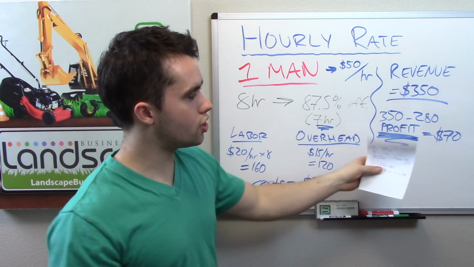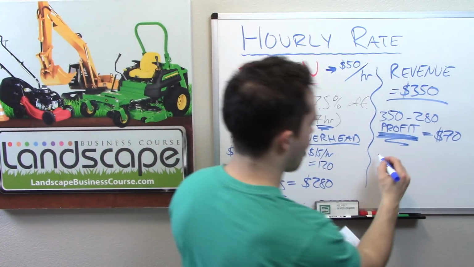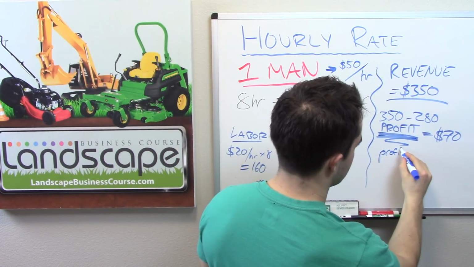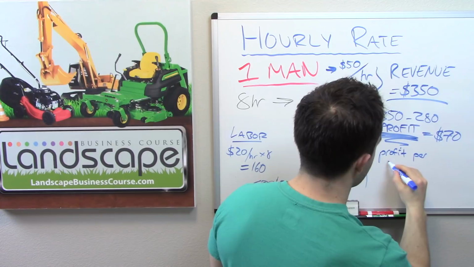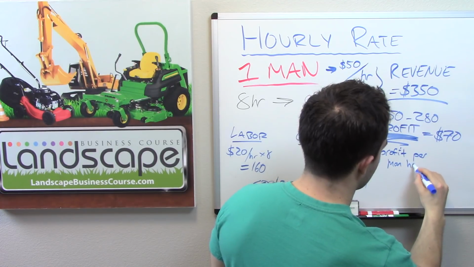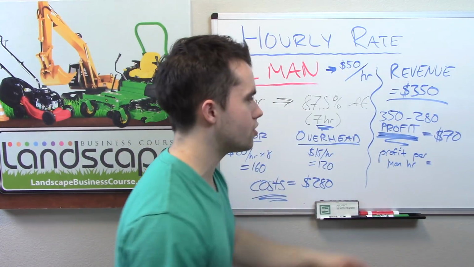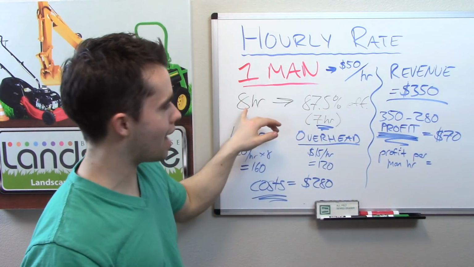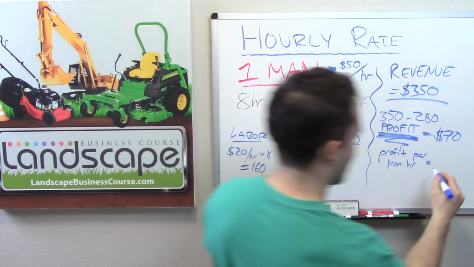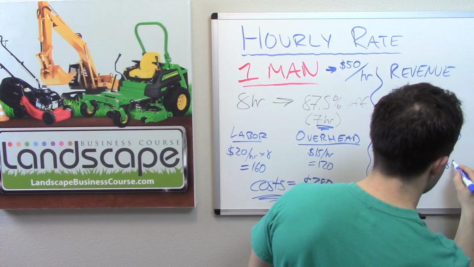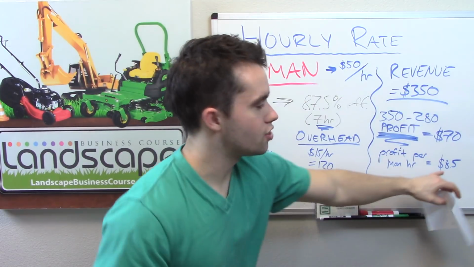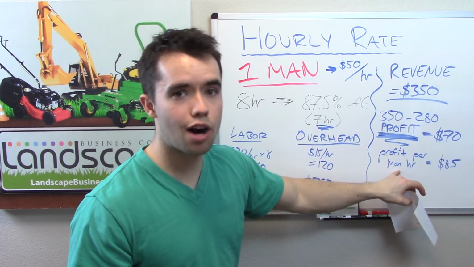Now, what we're going to do for this example is profit per man hour. All right? So what we're going to do is take 70 and divide that by 8, and you're going to come out with $8.50 per man hour of profit.